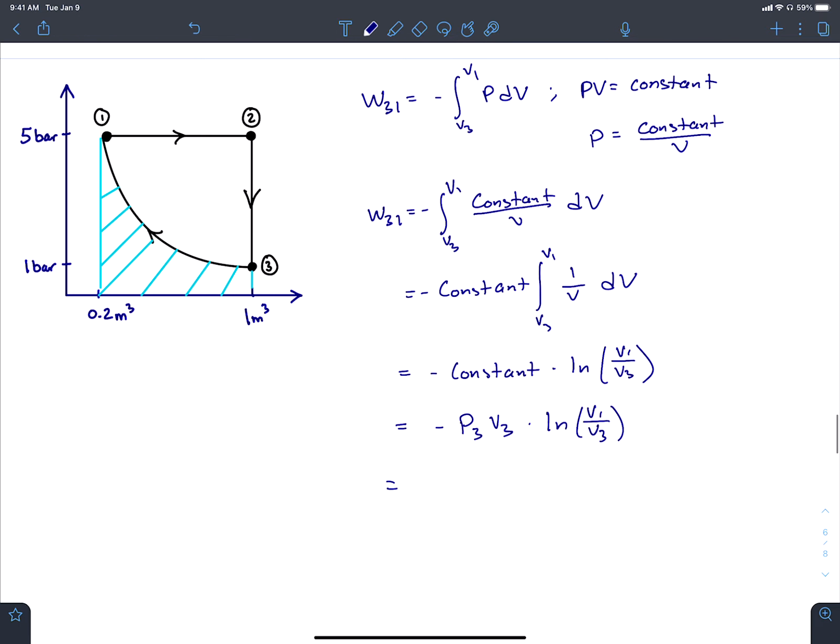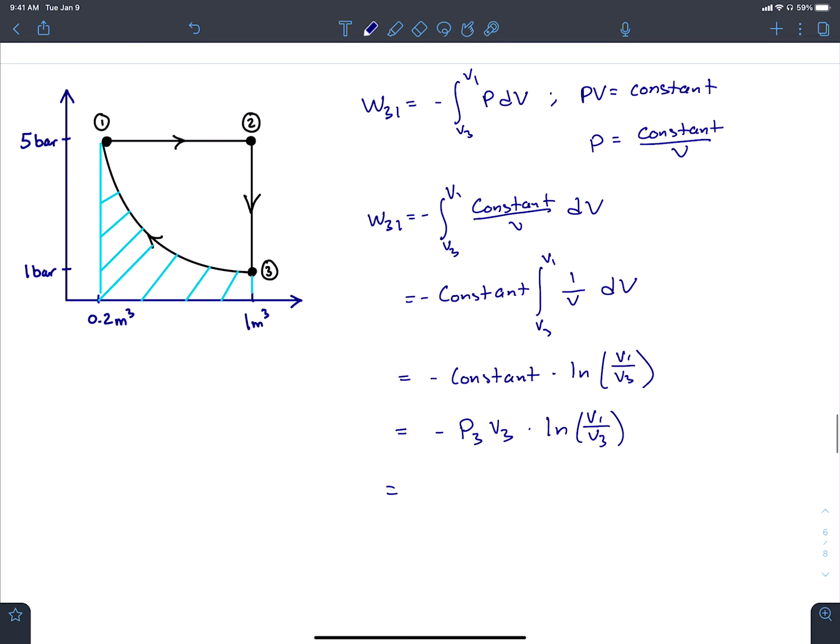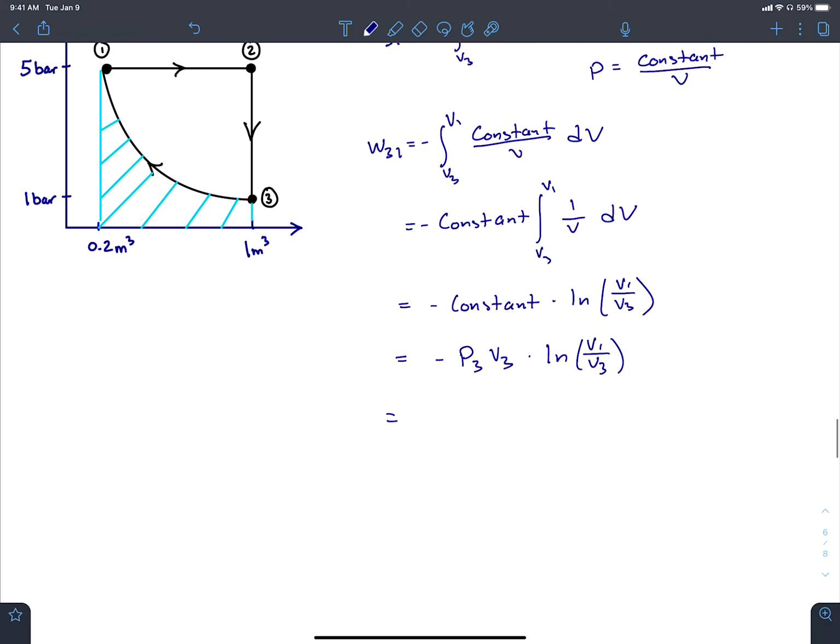I just like to keep it for sake of simplicity. But also, wait, V2 equals V3. But we're looking at 3 to 1, so 2 here doesn't matter at all. Yes, volume 2 and 3 are the same, but anyway, it doesn't matter.